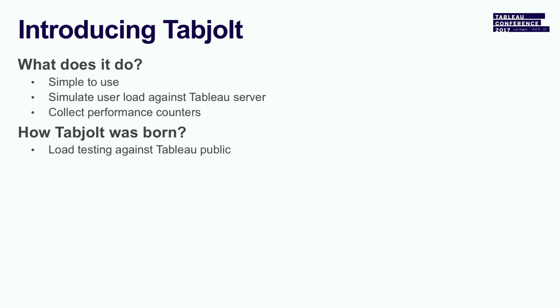To make things worse, every day, people are updating or publishing new workbooks to Tableau Public. It became a maintenance nightmare for us to catch up with the change. So we were thinking really hard about whether we could create a robot-like tool so that it could load any random workbook, understand its contents, and perform interaction accordingly based on its contents. This was how TabJolt was born. It was an effort to solve our internal challenges.